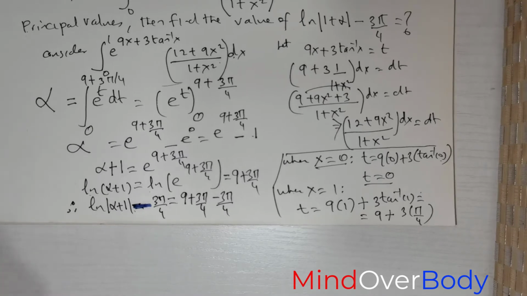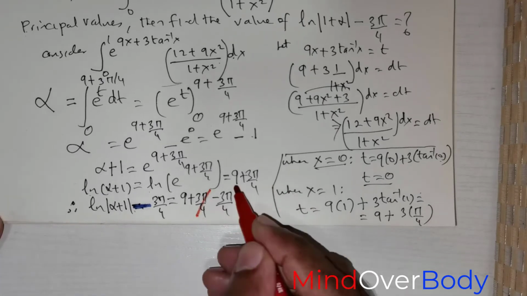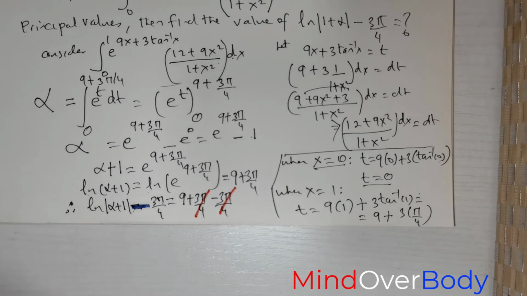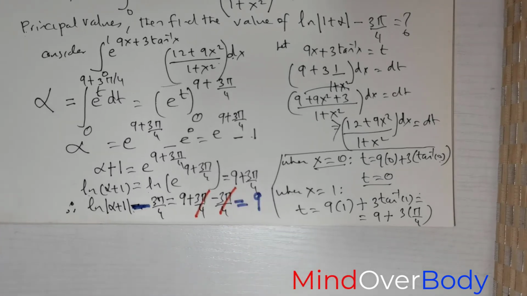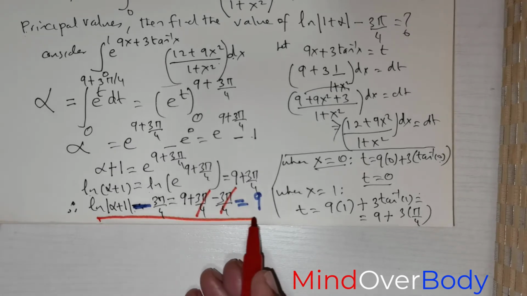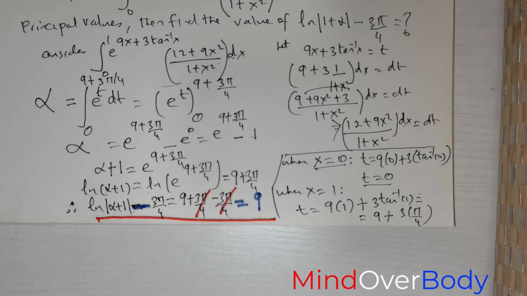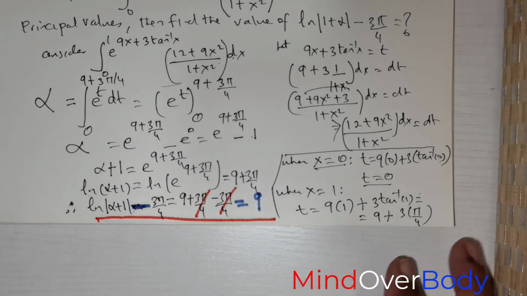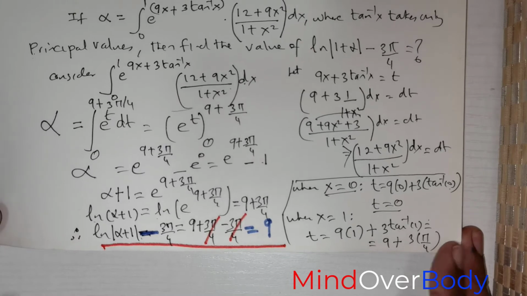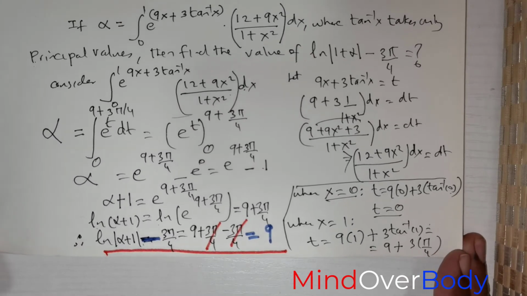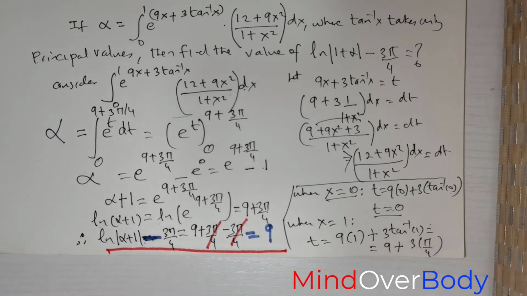So what do you see here? Clearly 3π/4 can be cancelled, giving me 9. So this is the value, and we have achieved it in a beautiful fashion. So that is the completion for this question, students. We will move on to the next question.